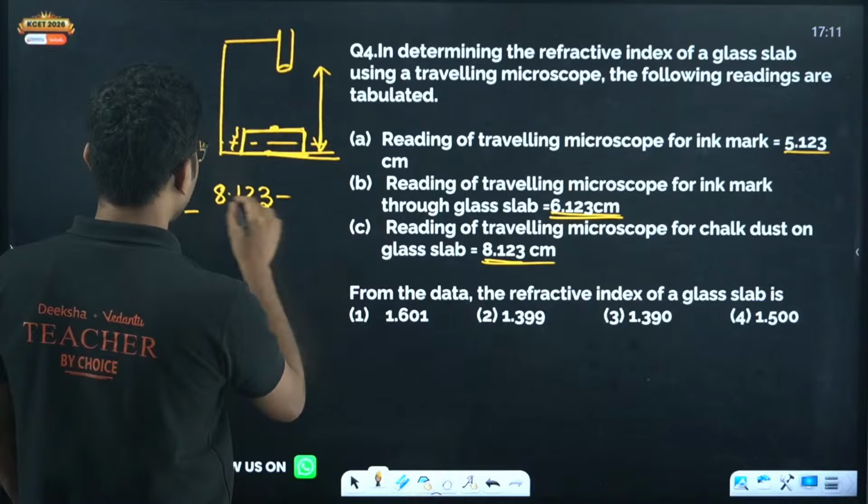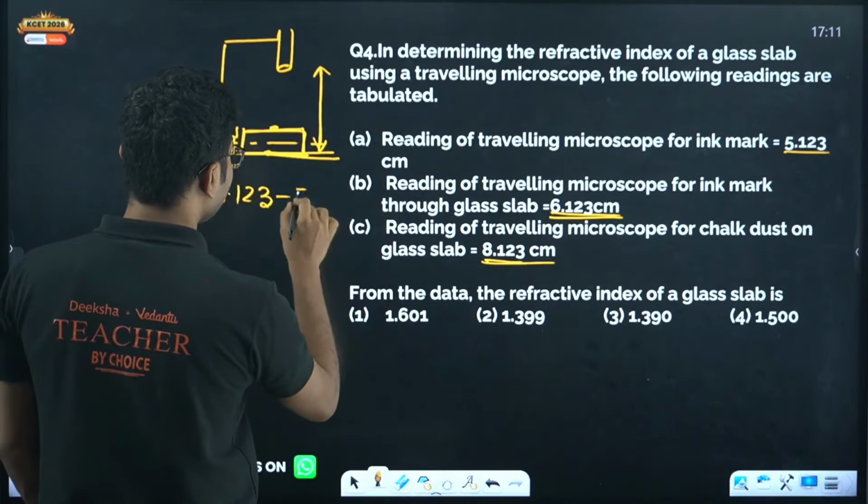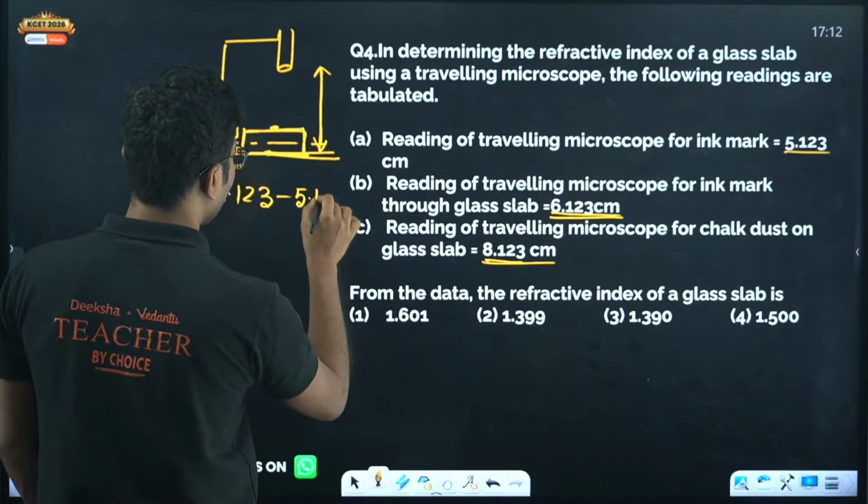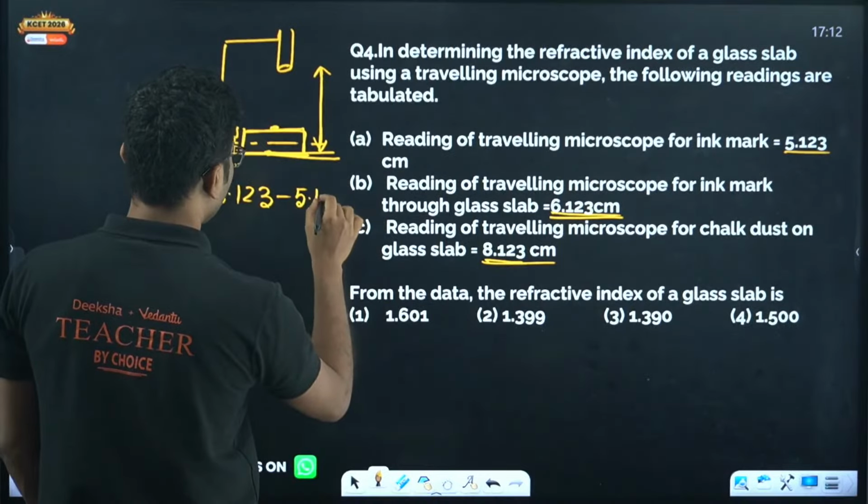So it will be 8.123 minus 5.123, which is the thickness of the slab, divided by 8.123 minus 6.123.